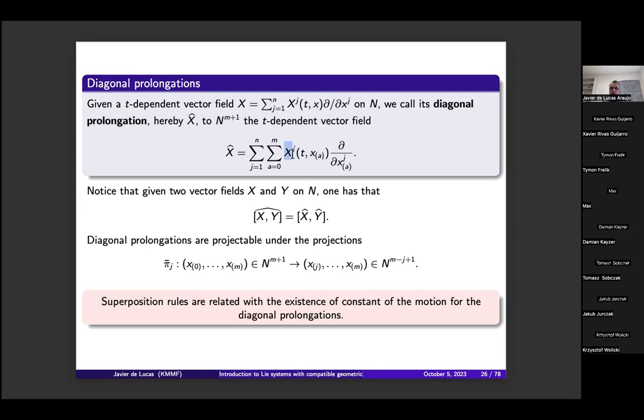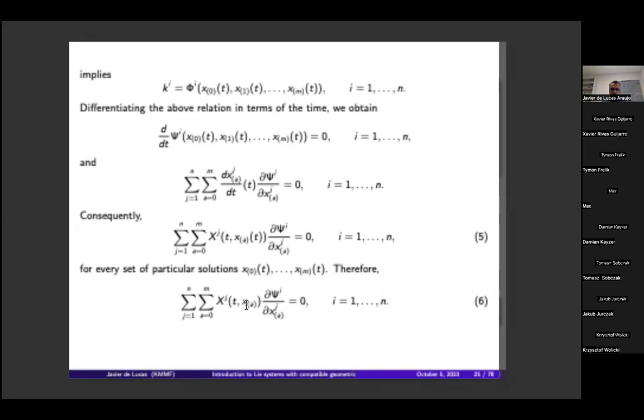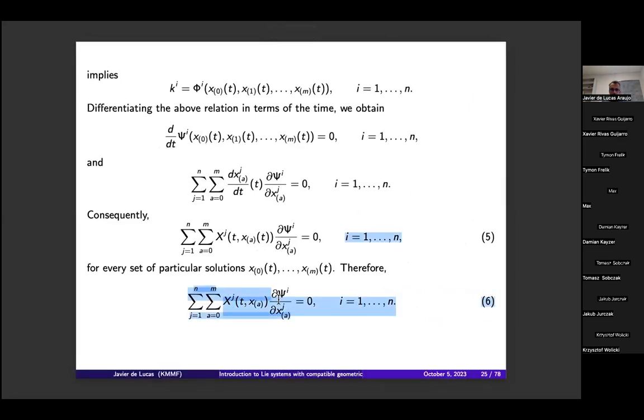So essentially, what you have in here is the same time-dependent vector field on each copy of everything put together. This is what is called a diagonal prolongation. And this is important because the shape of this is exactly the shape of this thing that you have here.